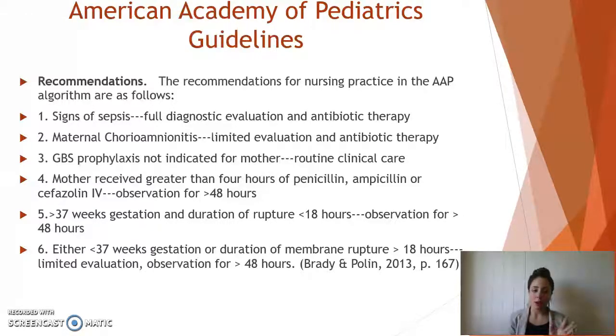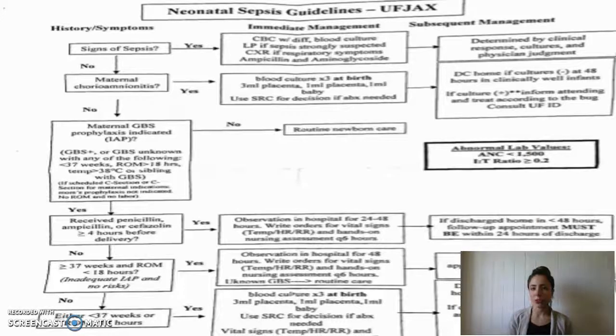And then if the baby was preterm or had prolonged rupture of membranes, you do limited evaluation and you observe for greater than or equal to 48 hours as well. So those are considered the best practice guidelines for right now as a standard across the US.